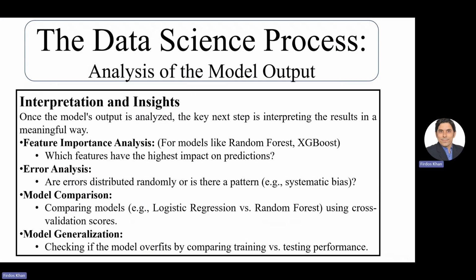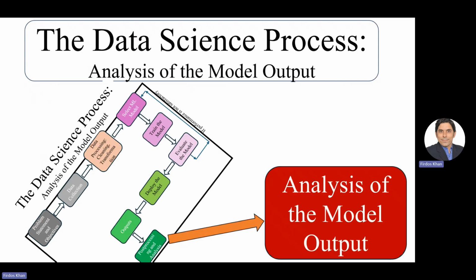Okay, so interpretation and insights. Once the model output is analyzed, you need to analyze the model output in two ways. One is numerical, and the other is using visualization. You can say in graphical ways.